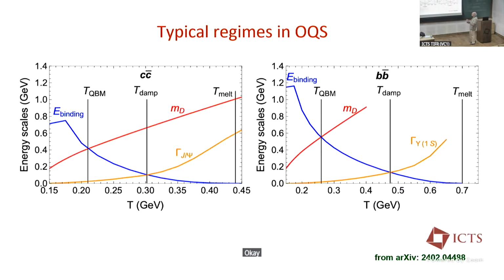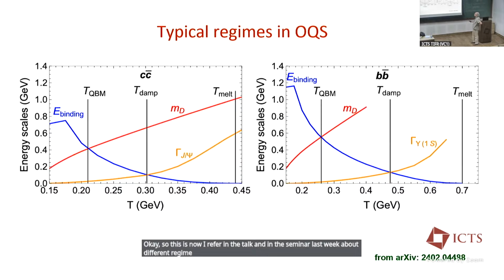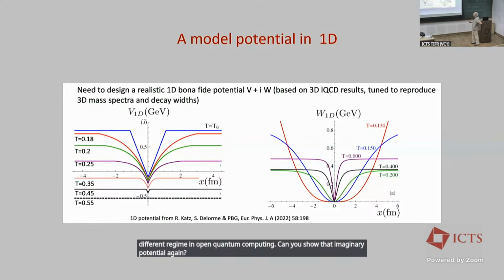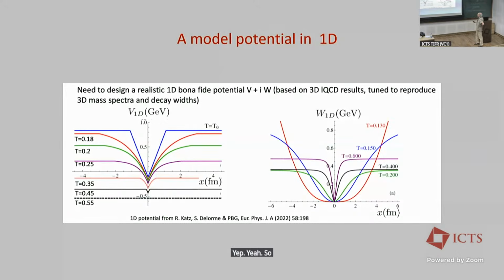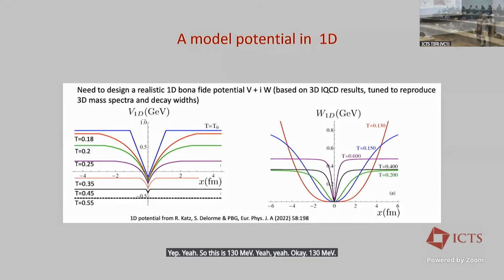Now I referred in the talk and in the seminar last week to different regimes in open quantum systems. Can you show that imaginary potential again? Yeah. This is 130 MeV. I don't think we use 130 MeV, for reasons which I will explain.